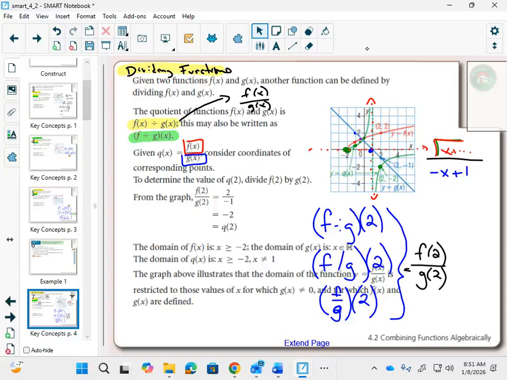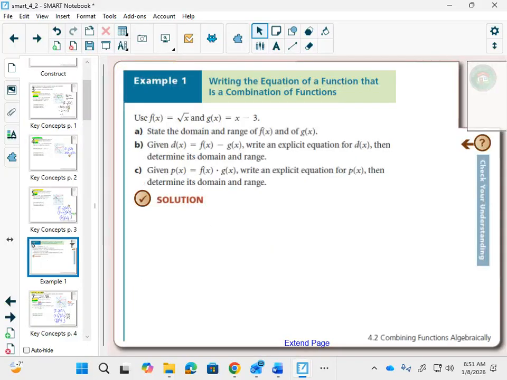So obviously the dividing ones are the most complicated because they might have non-permissible values. They're also the most complicated because you might have other asymptotes as well. So they require the most skills of remembering things from previous units.